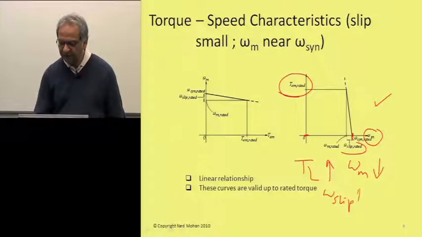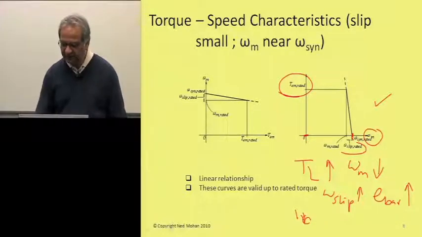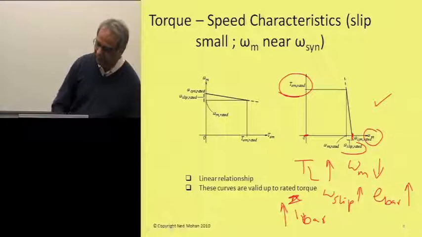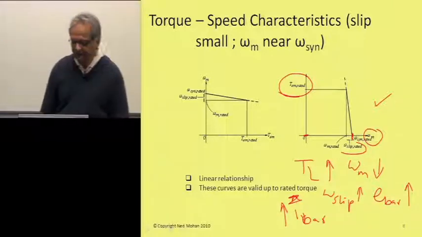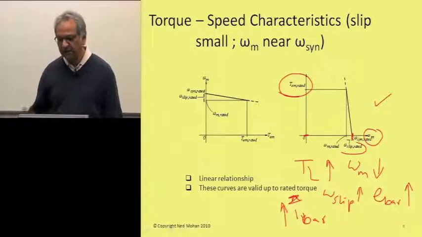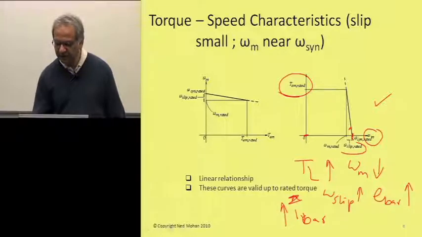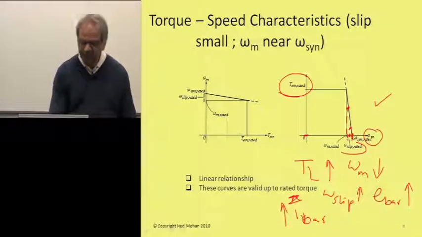That means omega slip would go up, so the voltage induced in these bars would go up, the current induced in these bars would go up, and therefore the torque produced in these bars would go up. Eventually, this torque produced at some lower speed would equal the load torque. So the operating point may move to this torque over here at a slightly lower speed.